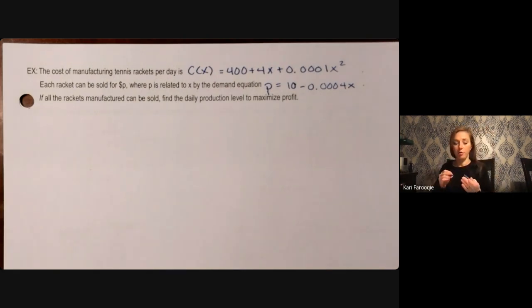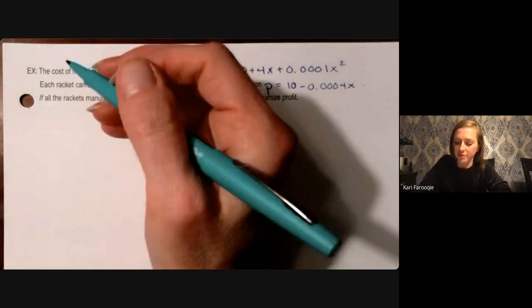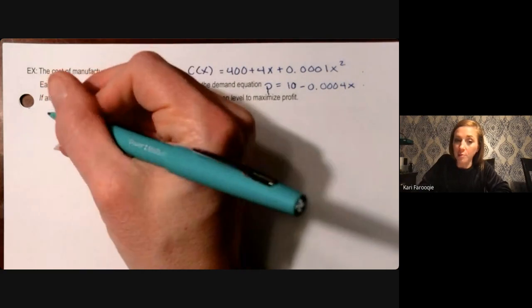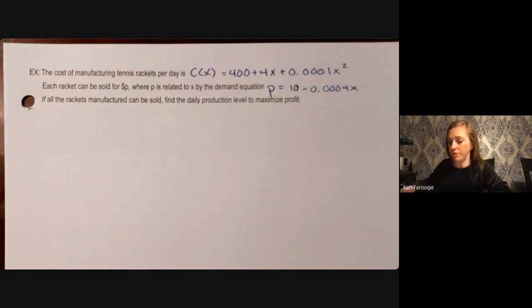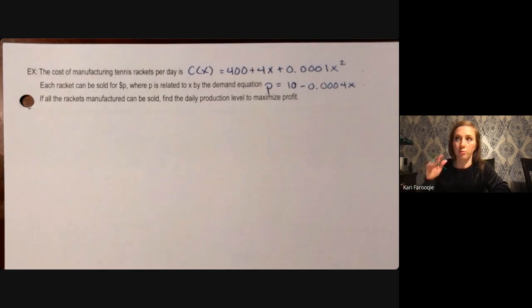I did not give you a profit function, but you learned how to find profit functions way back in chapter 2. So let's build a profit function for ourselves here. Remember that we talked about the fact that you're only going to turn a profit if your revenue minus the cost is positive.